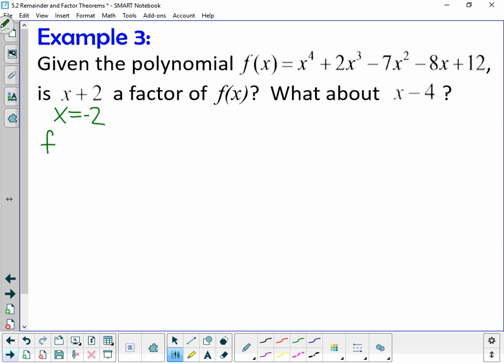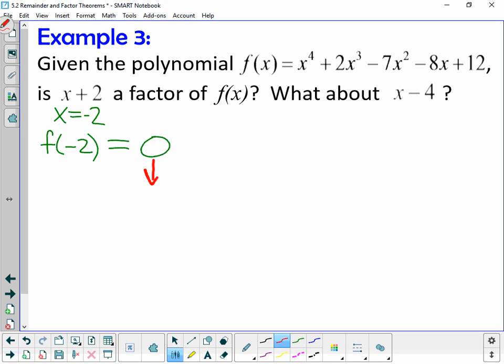If we substitute negative 2 into the equation, and I'm not going to write that out, you should just substitute it in your calculator. It's not really necessary to write out that whole long thing, but in my calculator I'm doing negative 2 to the 4th power, and I'm adding 2 times negative 2 to the 3rd power, and I'm subtracting 7 times negative 2 squared, and I'm subtracting 8 times negative 2, and I'm adding 12, and if you do all that, you get 0.